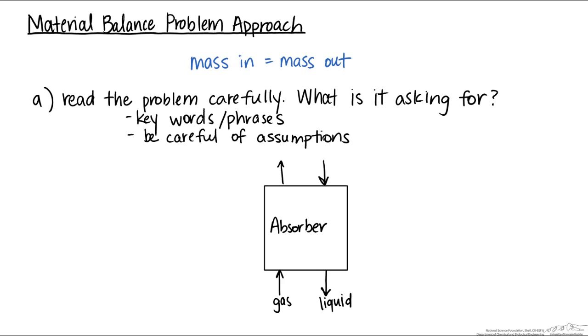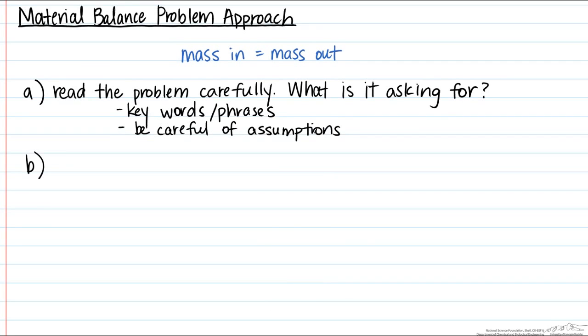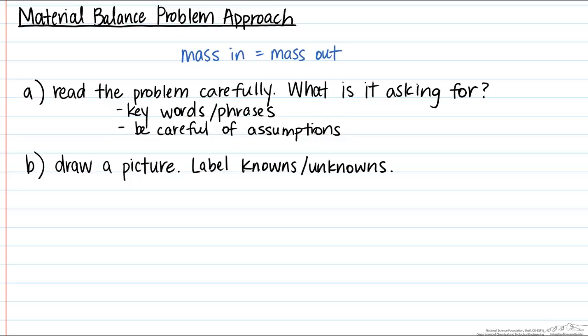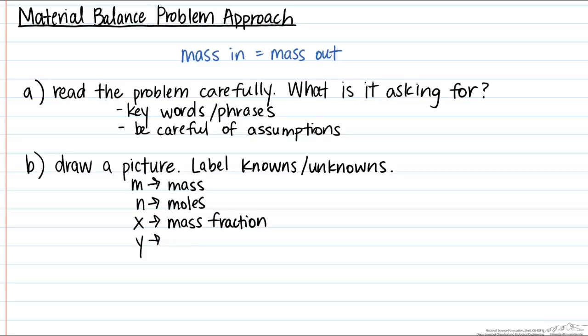The next thing to do is draw the picture. Label the unknowns and the knowns. What I tend to do is I use M for mass and I use N for moles. For simpler problems, I'll use X for our mass fractions and Y for our mole fractions.